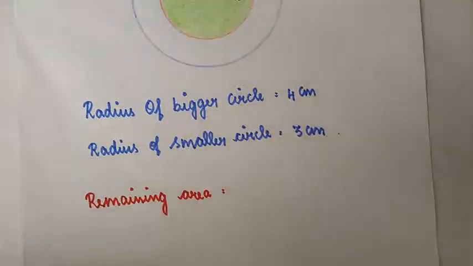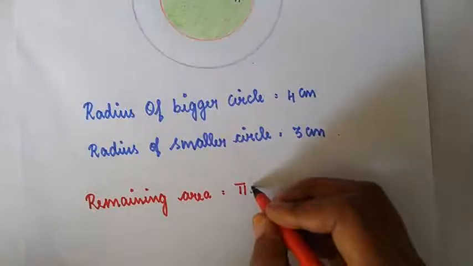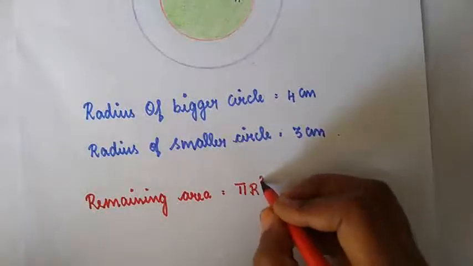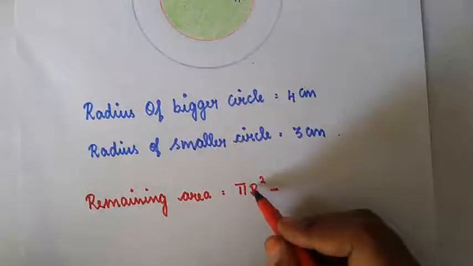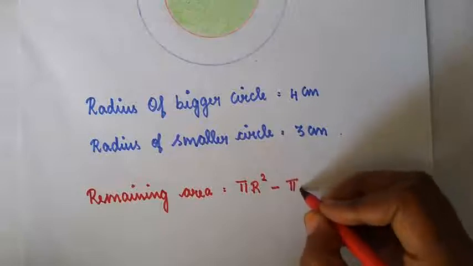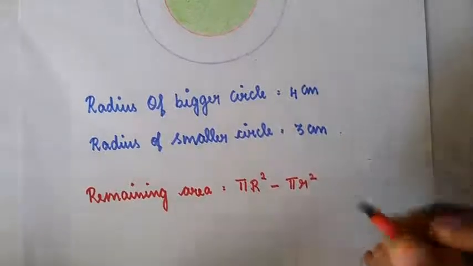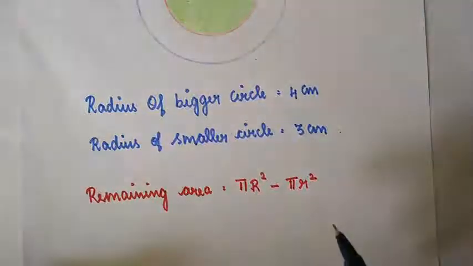What is the formula of area of circle? Pi r square. Here capital R represents the bigger circle, and small r represents the smaller circle, that is the inner circle.